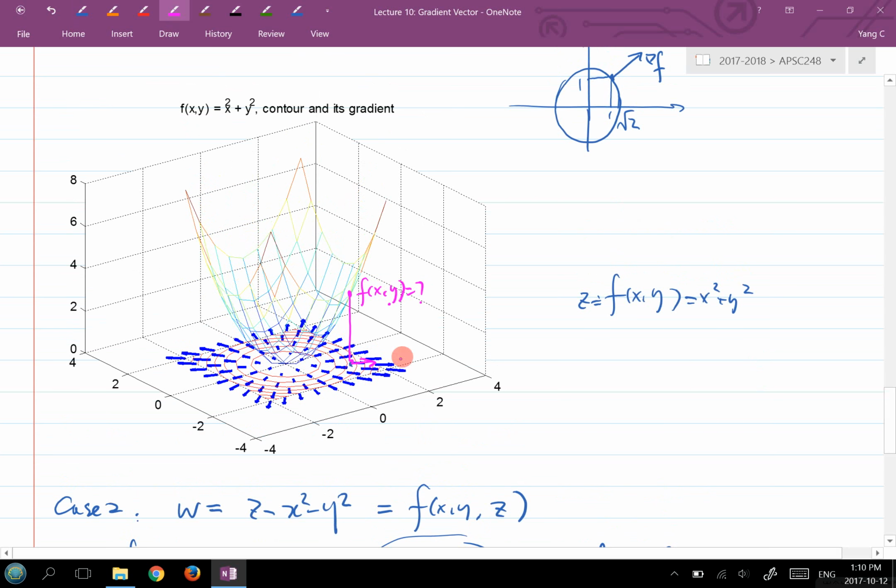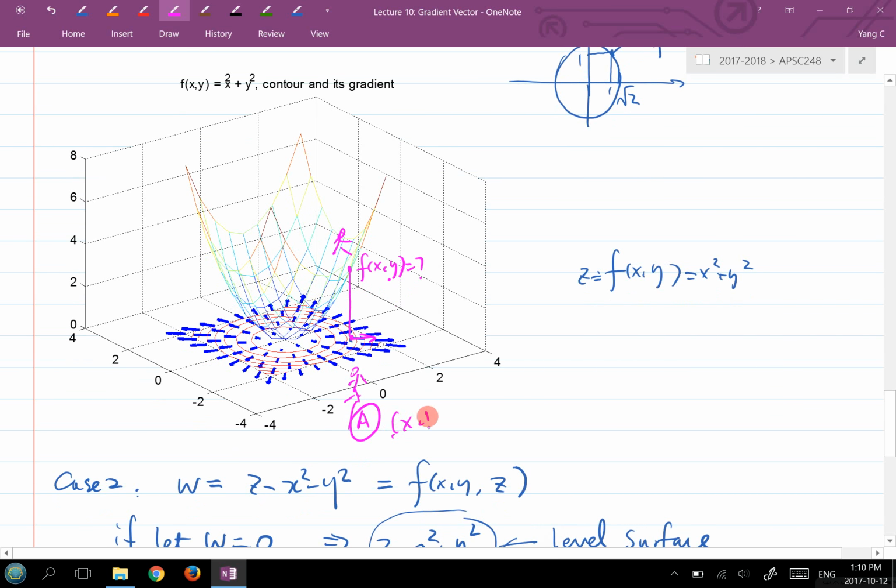Imagine that you are sitting on the ground, and there is somebody else sitting on that surface. You are the one on the ground, so you have the information x and y, and the guy up here has the information of z.